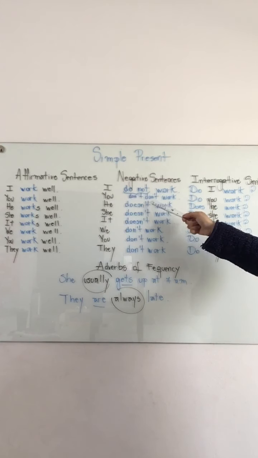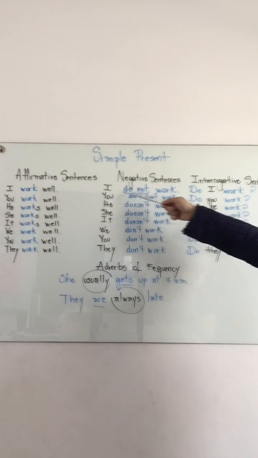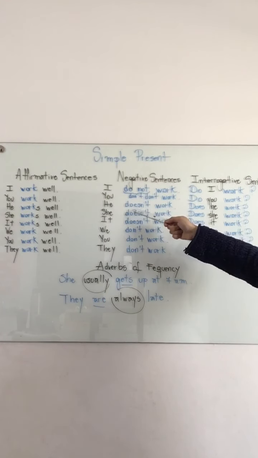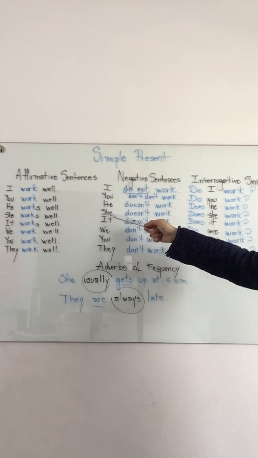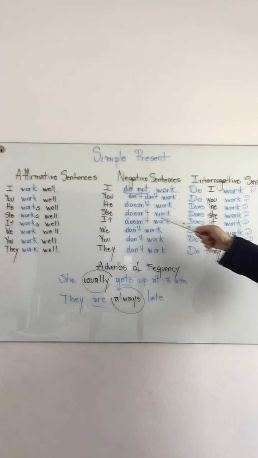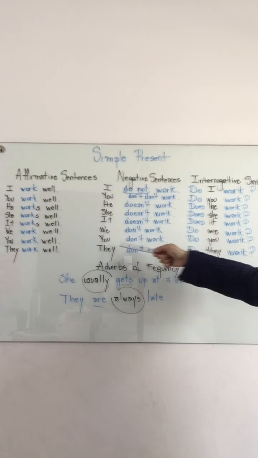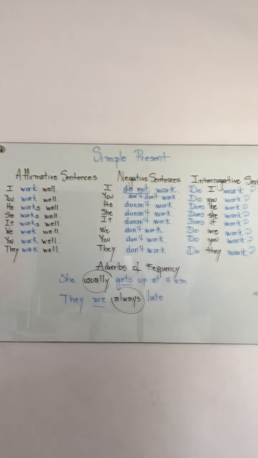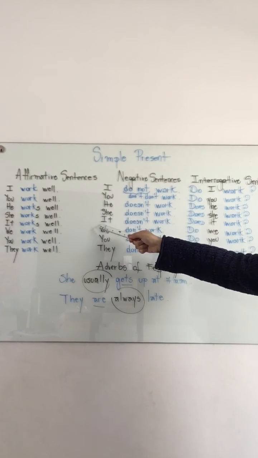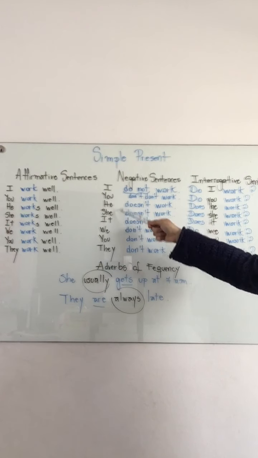You don't work. This is the long form, do not. He doesn't work. She doesn't work. It doesn't work. We don't work. You don't work. They don't work. Again, we have to consider he, she, it for the change.